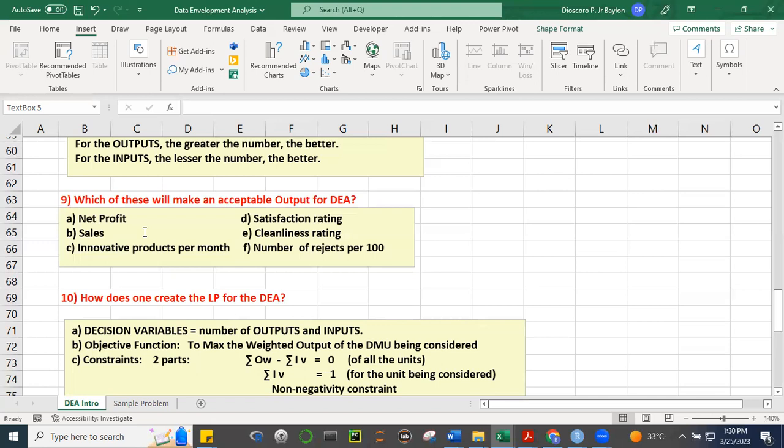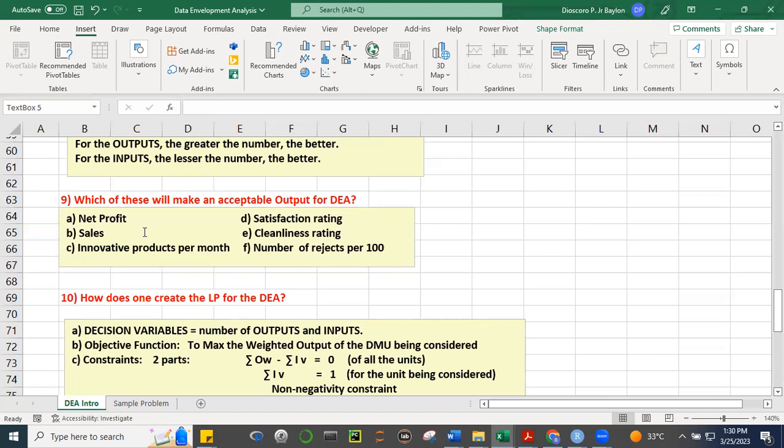Of course, number of rejects per 1,000 cannot be considered as the higher the better. So if you want to have a DEA output related to this, it should be number of good products, or number of satisfactory products per 1,000. If that's the case, then that can be considered as an output.